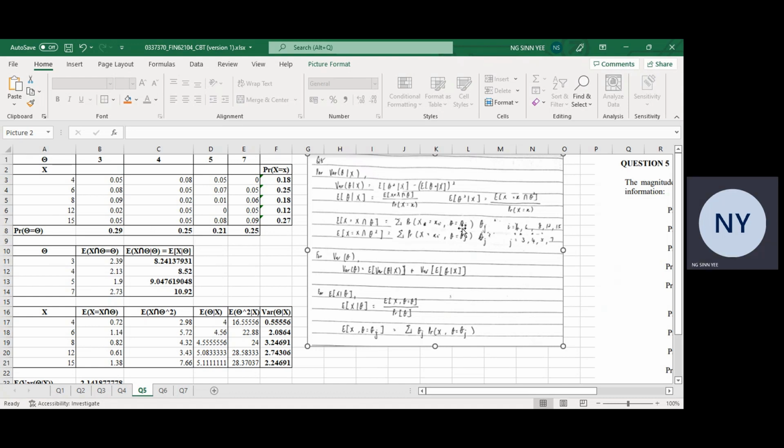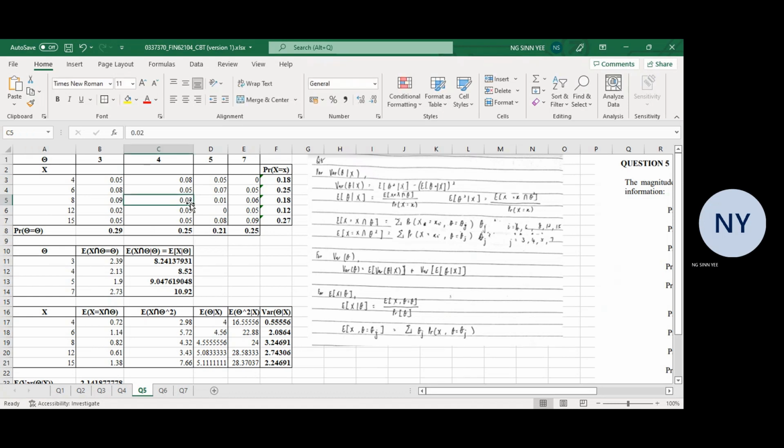We just change the positions of theta and x: we find the joint expected value of x and theta equals theta, and divide it by the probability of theta. The detailed working is shown in the Excel sheet, which is also shown on the screen.